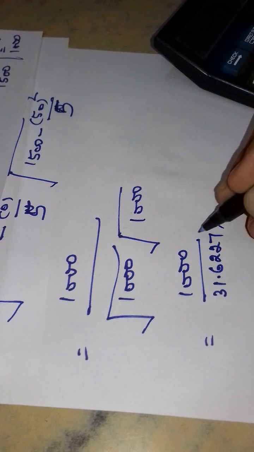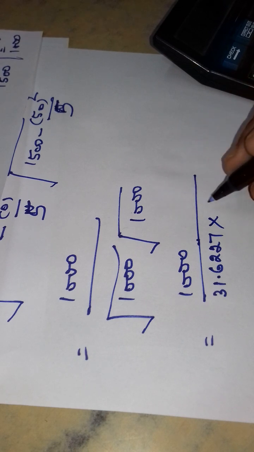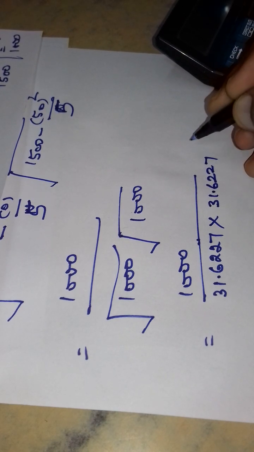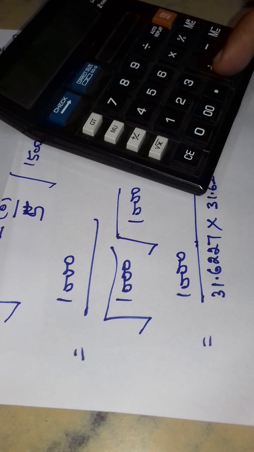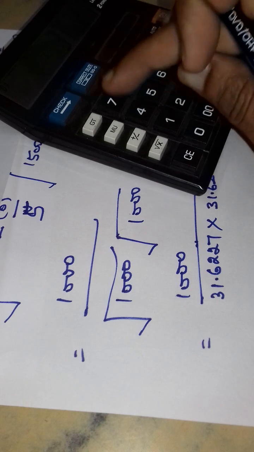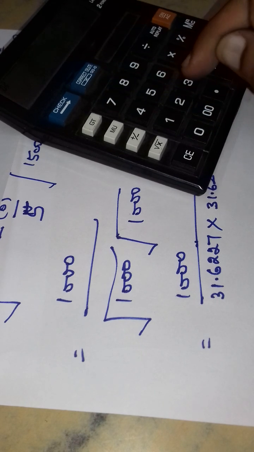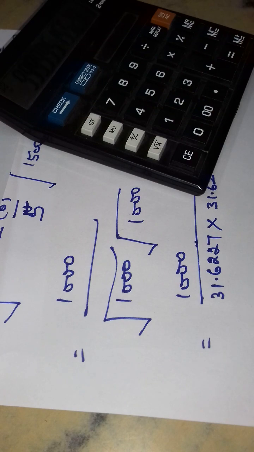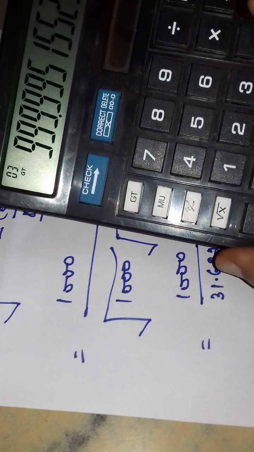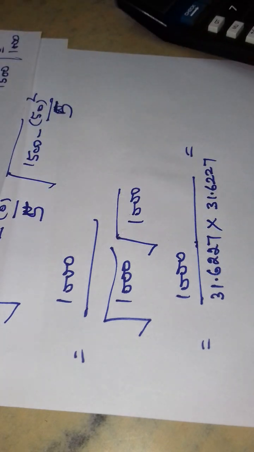And again it will be multiplied by 1000's under root, which is 31.6227. Let's finish this. 31.6227 multiplied by 31.6227, and we got the value 999.995.